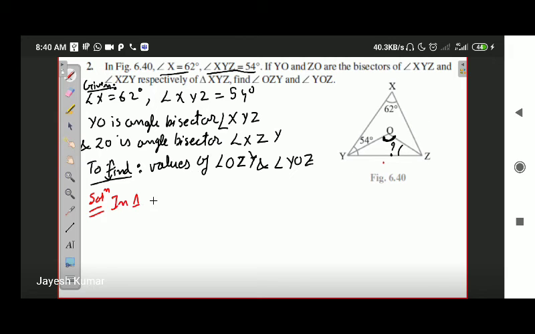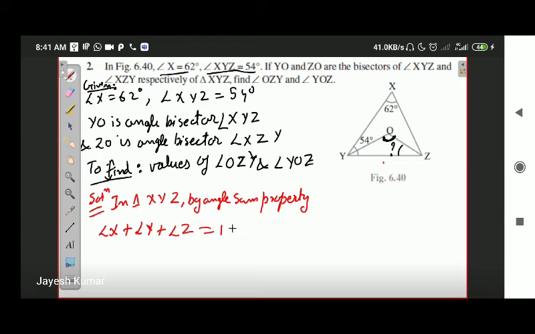In triangle XYZ, by angle sum property, angle X plus angle Y plus angle Z is equal to 180 degrees. When I'm talking about Y, I'm talking about complete angle Y. When I'm talking about Z, I'm talking about complete angle Z. So angle X is 62 degrees, angle Y is 54 degrees.